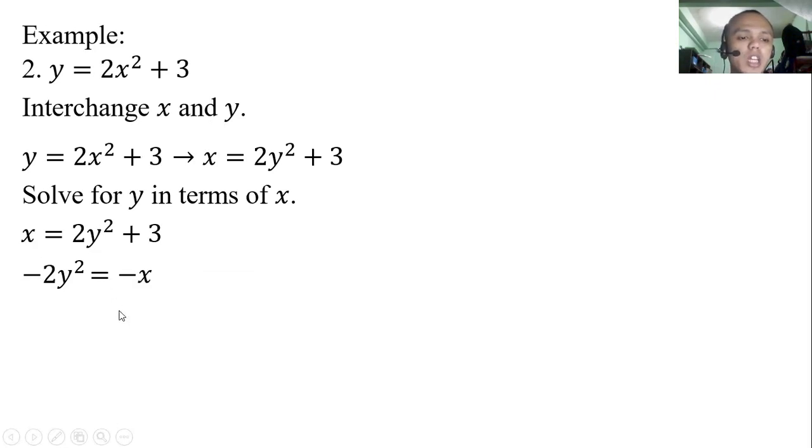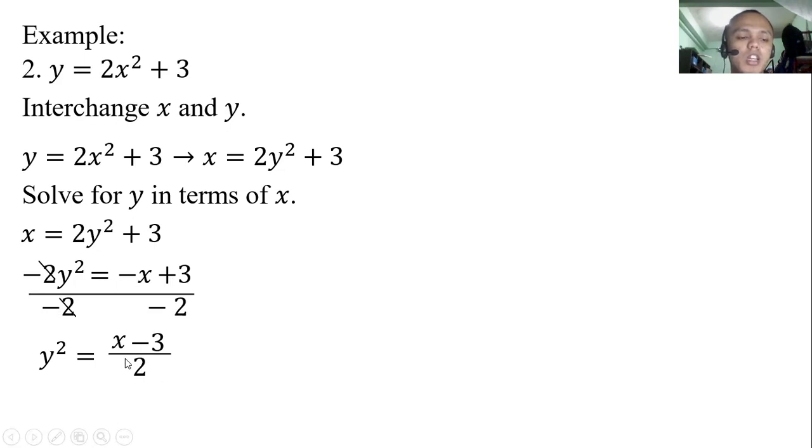Transpose x to the other side, we have negative x plus 3. And then divide both sides by negative 2. Cancel this out. We have y squared equal to negative x plus 3 divided by negative 2. That would be equal to x minus 3 over 2, because negative divided by negative is positive. Positive divided by negative is negative.